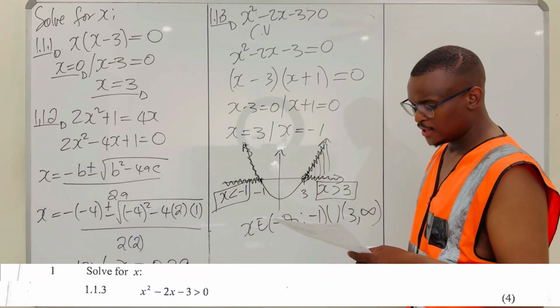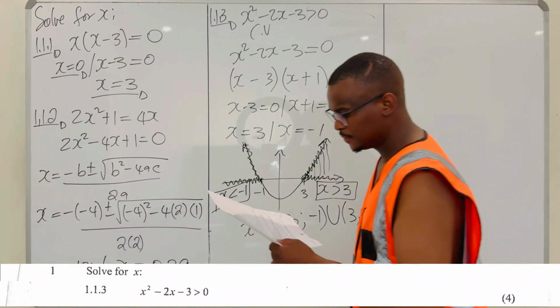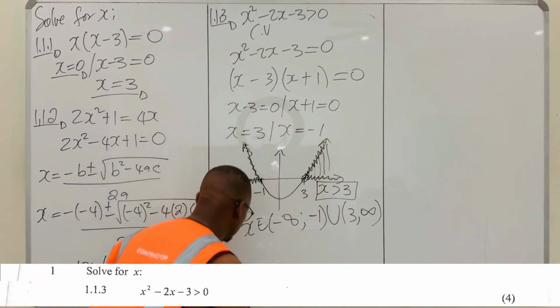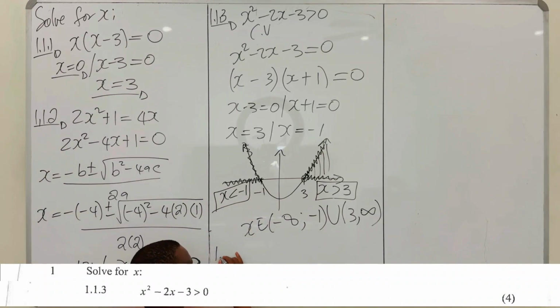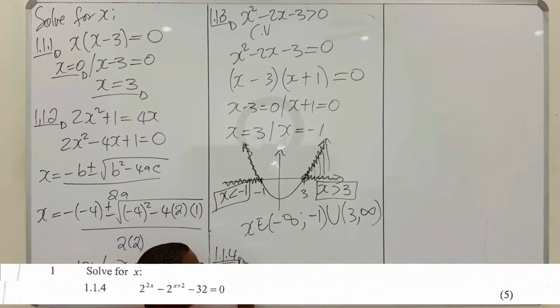No problem. Now we're going to 1.1.4. Here you're given an exponential equation: 2 raised to 2x minus 2 raised to x plus 2 minus 32 is equal to 0.